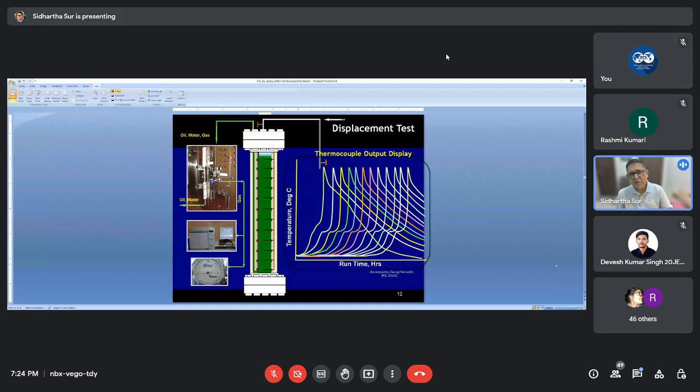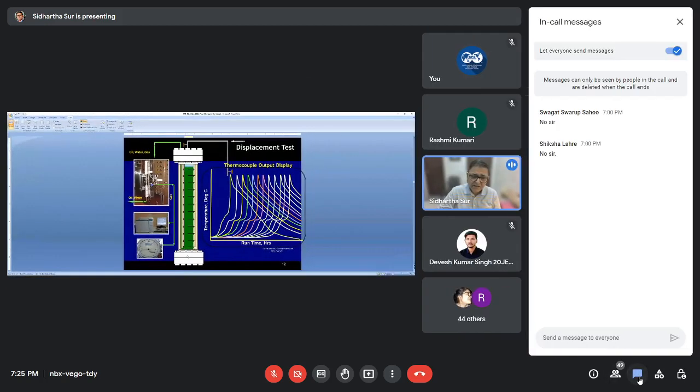Vacuum is created, then it is saturated with reservoir brine, then that brine is displaced by the reservoir oil at that pressure and temperature, thus creating a restored state of saturating the reservoir, like what had happened during migration of oil in the reservoir million years ago. But this is the setup where injection end is at the top, and this is the production end.